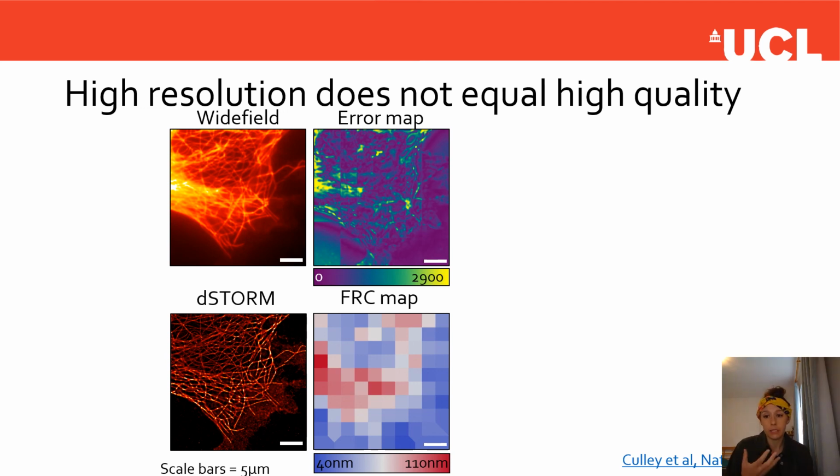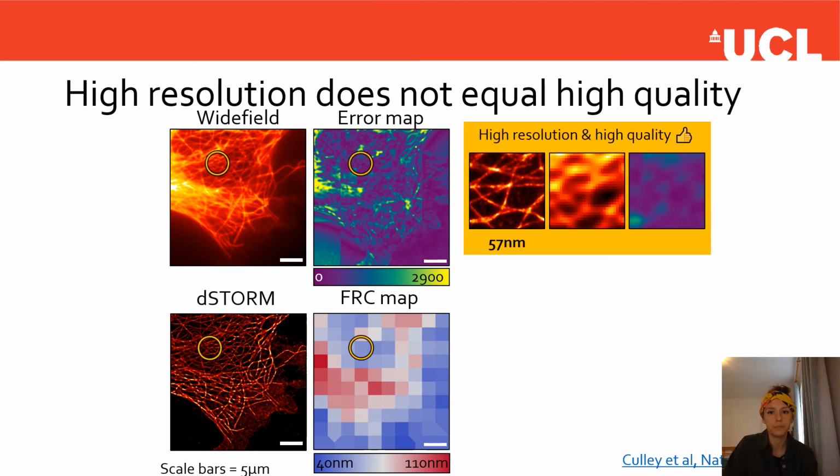So Squirrel is a software tool that can be used to assess the resolution and quality of your images. Cool, great, useful thing, I hope, because it's a shameless plug for my own research. But be really careful about, in your mind, equating high resolution with high quality. In some cases, high resolution imaging is high quality imaging. So if we have a look in this yellow ring, we've got really nice high resolution imaging. That's the wide field equivalent.